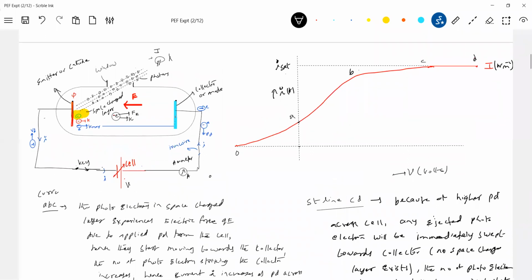Anybody know how to calculate that I saturation? What does it depend on? The number of photoelectrons. And the number of photoelectrons depends on the intensity. So can we generate any formula for the saturation current?